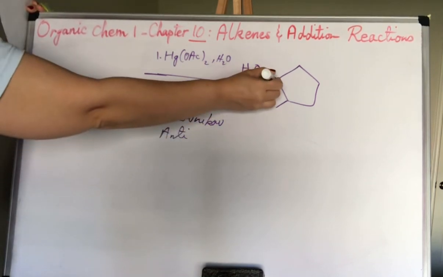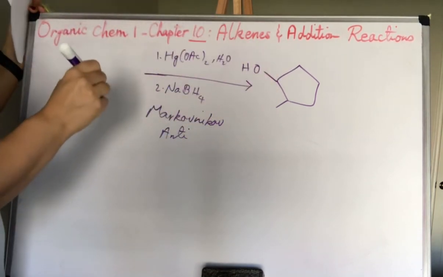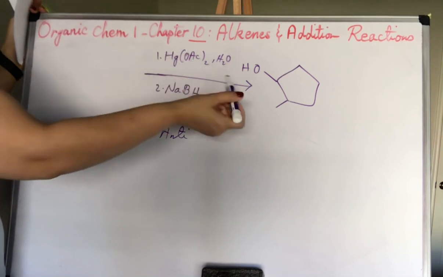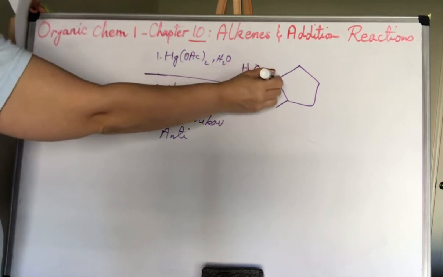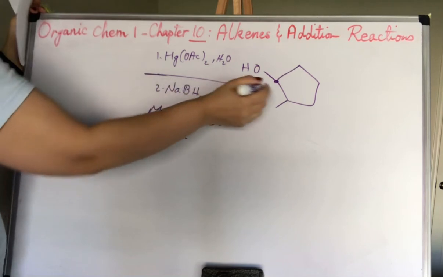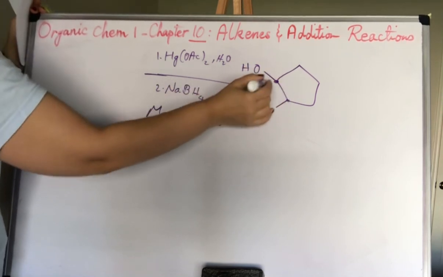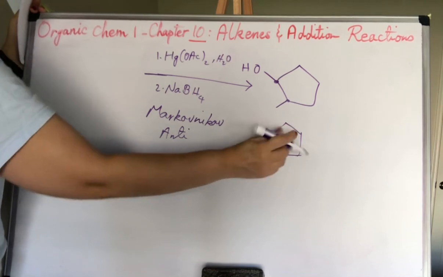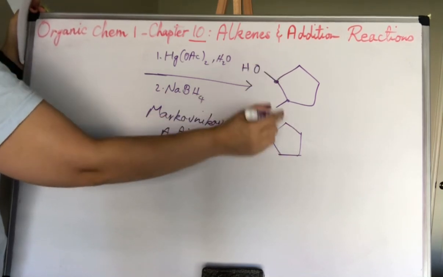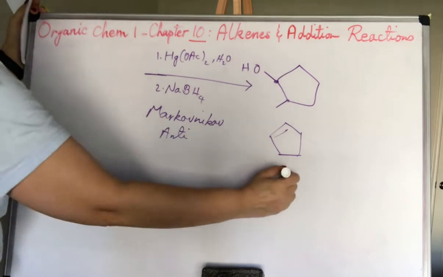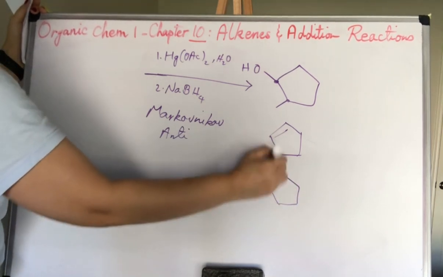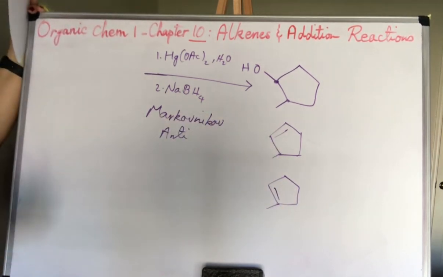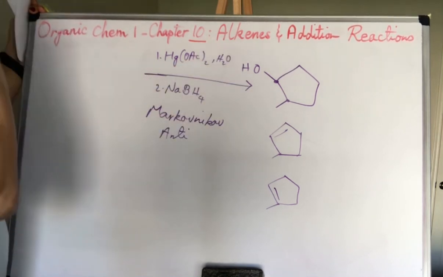So here we have the OH, and if we consider this side as the double bond, because we have OH here, the double bond can be here or it can be here, correct? Now let's check which one is the correct answer.